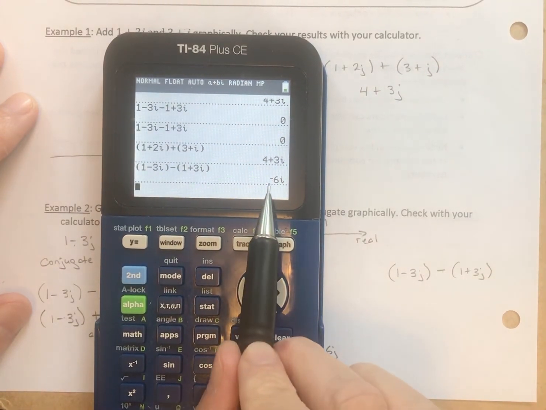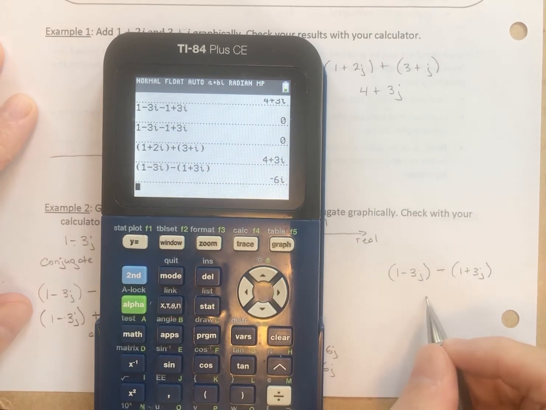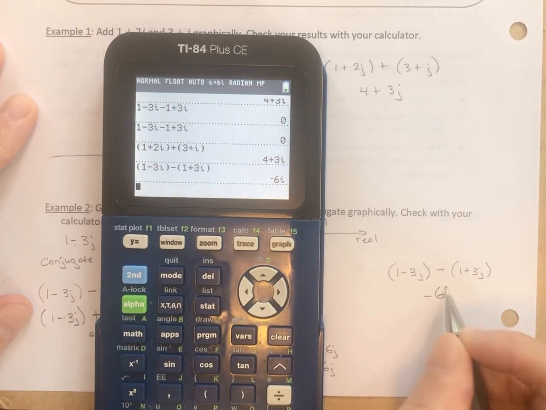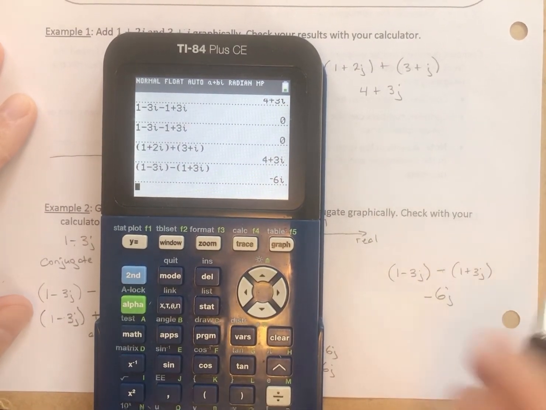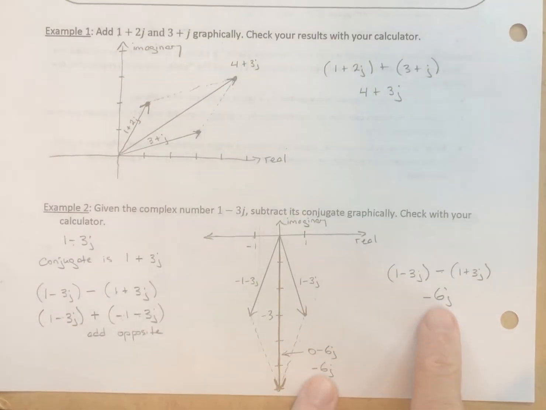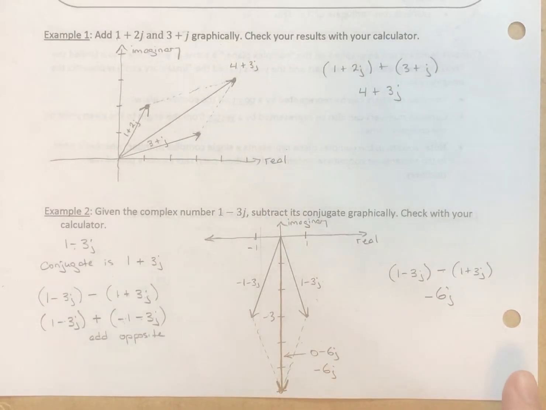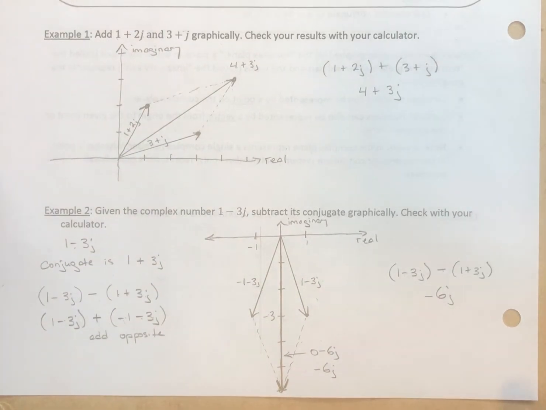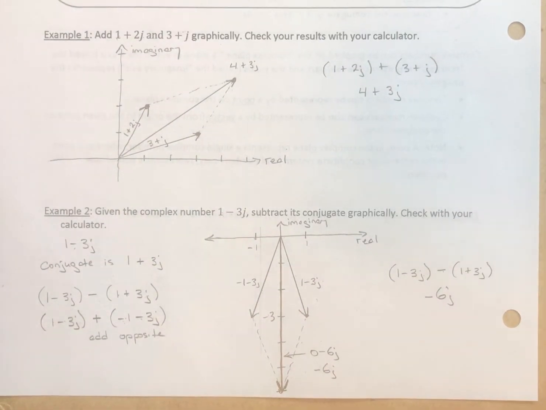And I got negative 6i, which means negative 6j in the technical world. And I got the same answer here and here. So there you have it: adding and subtracting complex numbers graphically and checking them with a calculator.